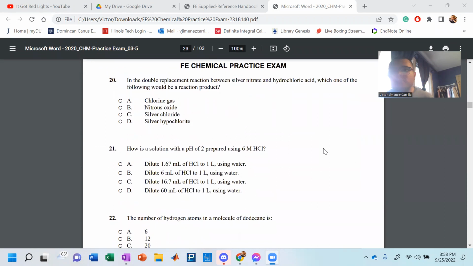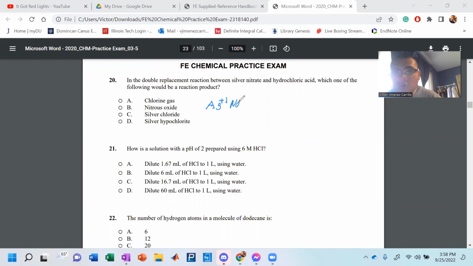Now, a double replacement reaction between silver nitrate and hydrochloric acid. Which one of them would be the product in the reaction? Well, we need to know how to read. So silver nitrate. Aluminum, zinc, and silver: aluminum is always a +3 charge, zinc is always a +2 charge, and silver is always a +1 charge.